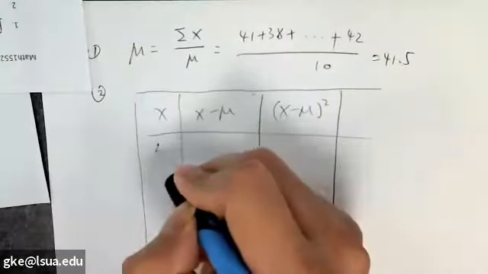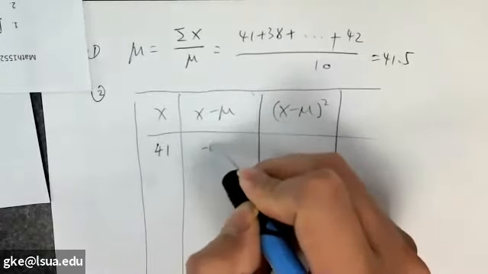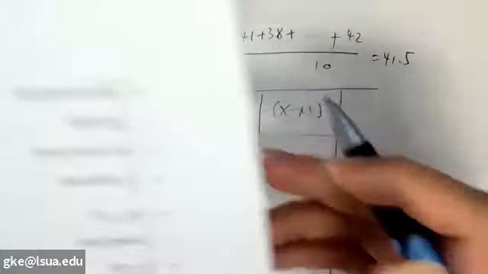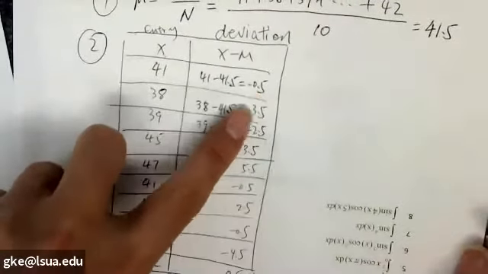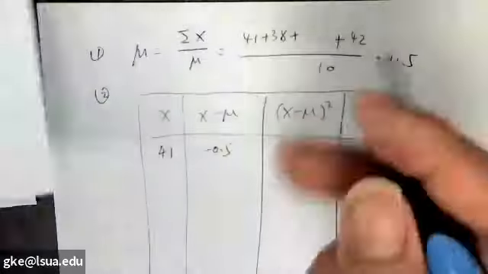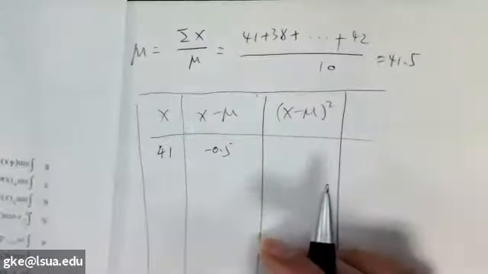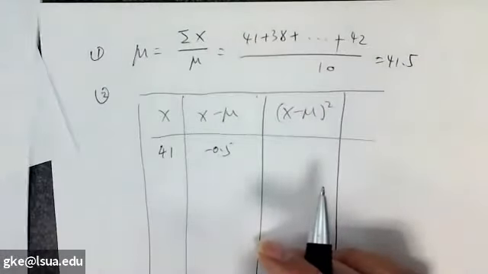For the first ones, we just copy from our previous table: 41, 38, with deviations negative 0.5, negative 3.5. I just copy it, because we already did it in the last example.